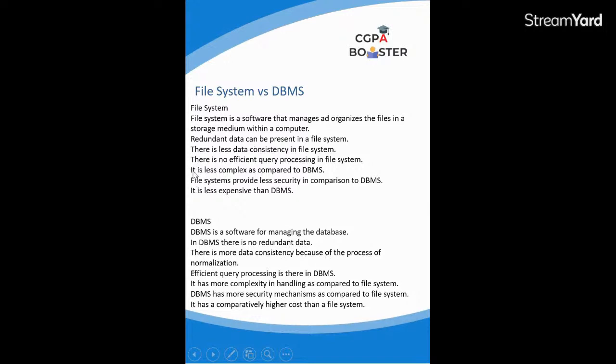Then we'll go over the last point, which is one of the most important points to look at from a business point of view. That is that file system was less expensive, however, DBMS is more costly. Then why do we really consider it? It is because it has more security mechanisms, and so it increases the cost.